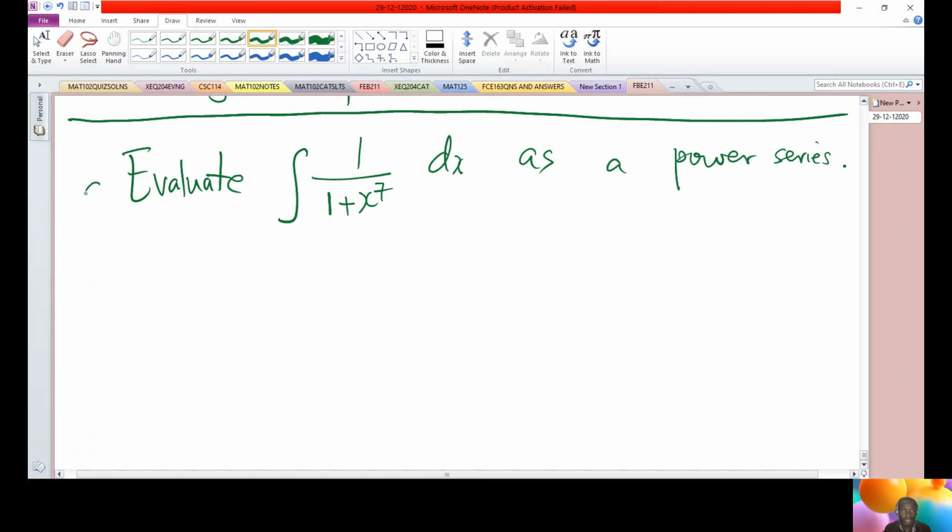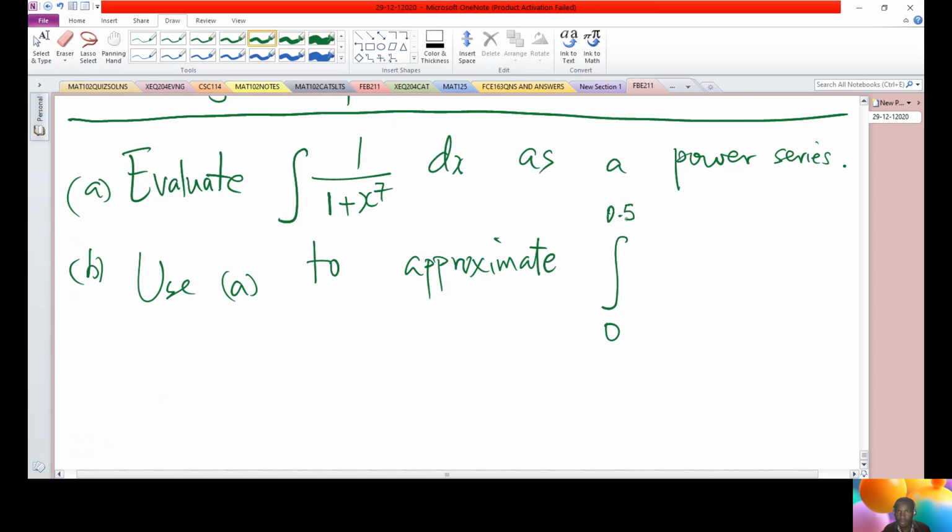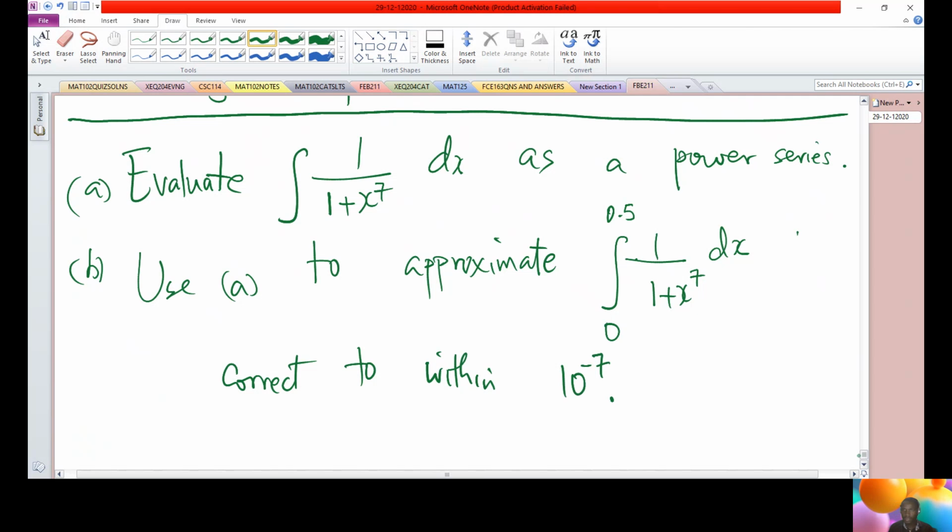So this is part A. Part B, use part A to approximate the integral from 0 to 0.5 of 1 over 1 plus x power 7 dx correct to within 10 raised to power minus 7. It's a nice problem.